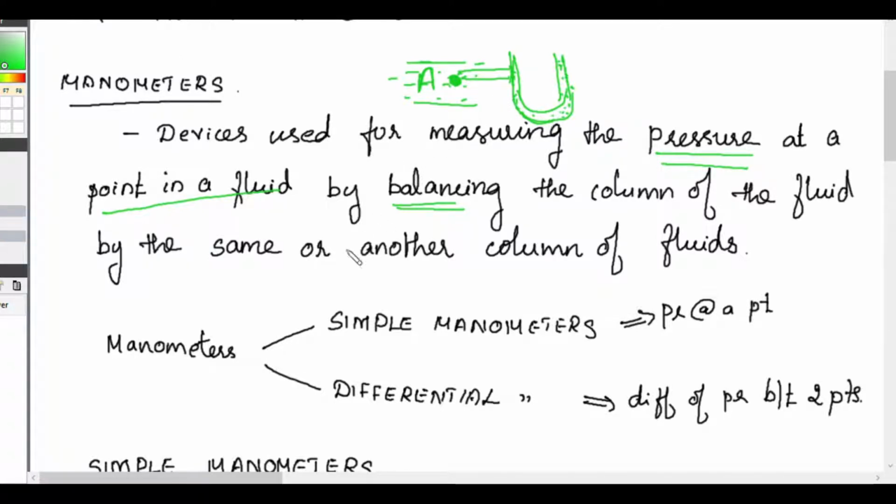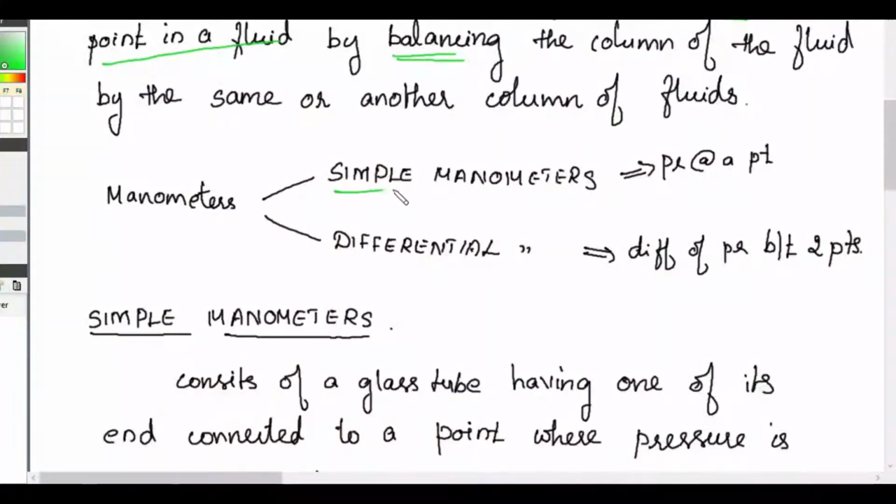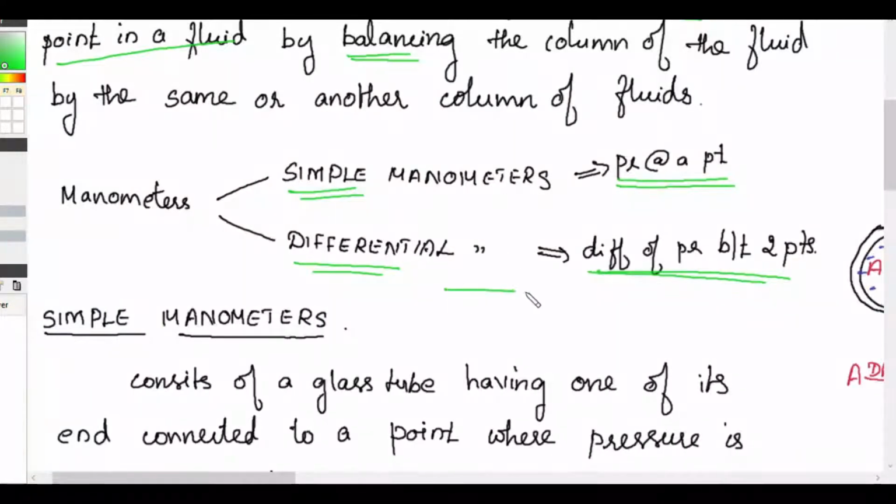Now, manometers can be simple manometers or differential manometers. Simple manometers are used to measure the pressure at a point, and differential manometers are used to find the difference of pressure between two points. That means, listen, if you have a water body with point A and point B, the pressure at A and pressure at B will be different.